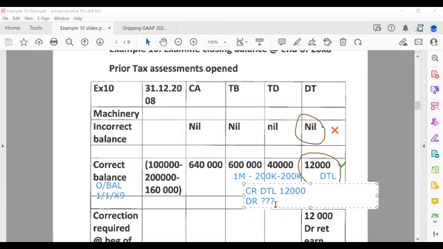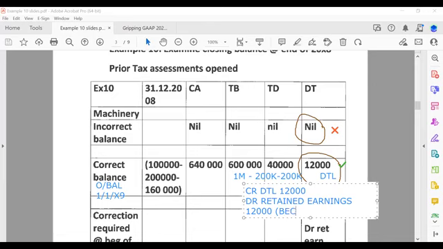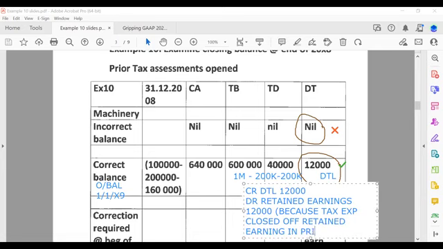So the correct answer here is we debit retained earnings for 12,000. Why not tax expense? Because our tax expense has been closed off to retained earnings in a prior year.